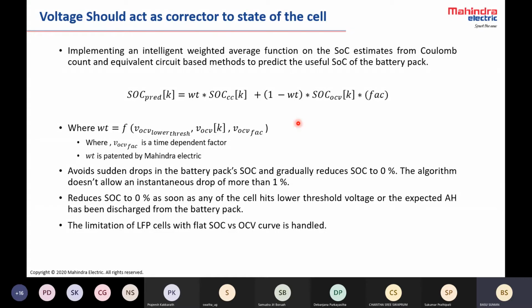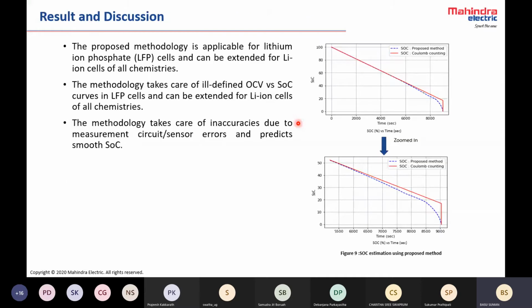These are all due to inaccuracies in the circuit somewhere. And then when it started, everything was at 50% SOC, but after some usage, when one cell is at 50, the other is probably at 45. So that creates different types of errors. So these are the ways to take care of it.